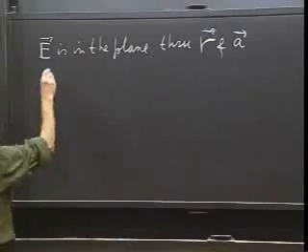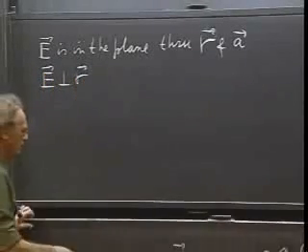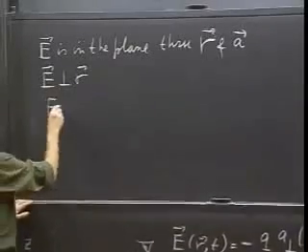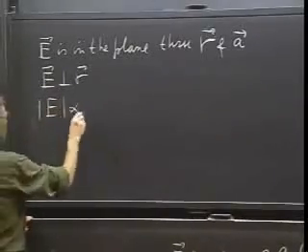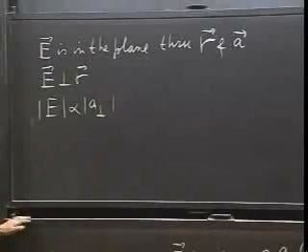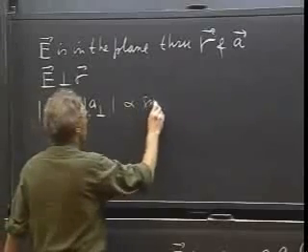And E is perpendicular to R. Notice I have that. And E, amplitude, is proportional to the amplitude of A perpendicular. And therefore, it is proportional to the sine of theta.